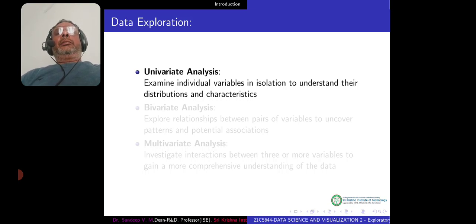The data may contain many parameters, but we don't use all parameters together. At any given time, only one parameter will be analyzed to understand its behavior and its characteristics.